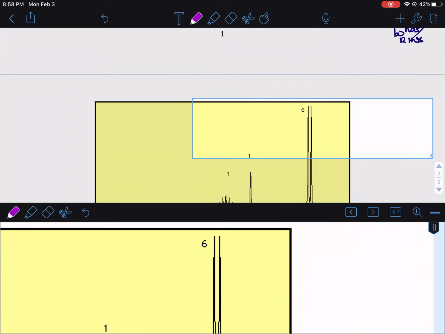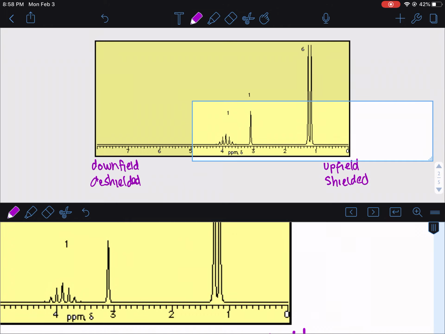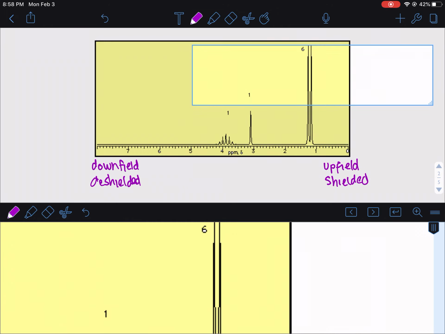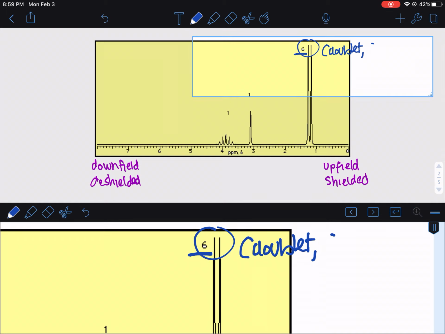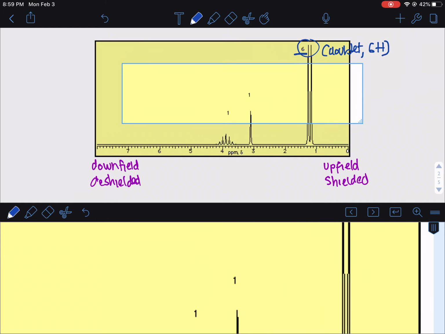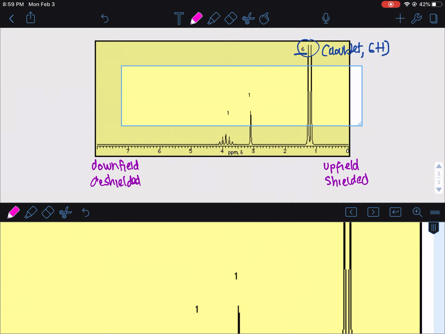So let's analyze this spectrum. Here we see two splits, so you call this a doublet, and it gives us an integration of 6. That means we have 6 hydrogens of that type. Let's move on to this other one.